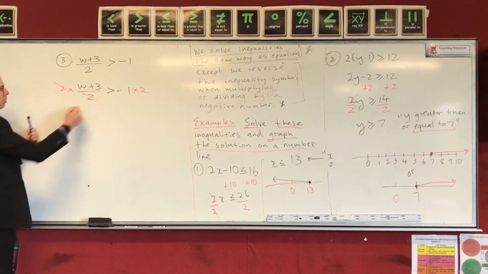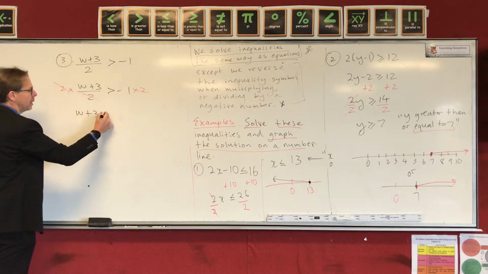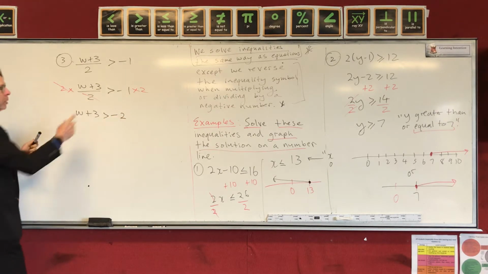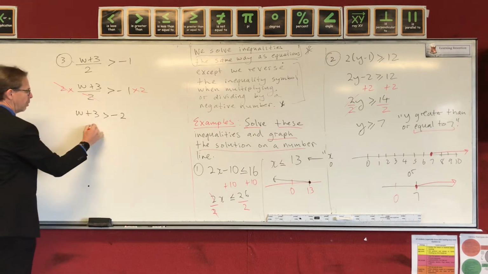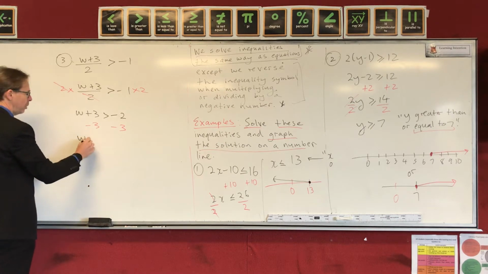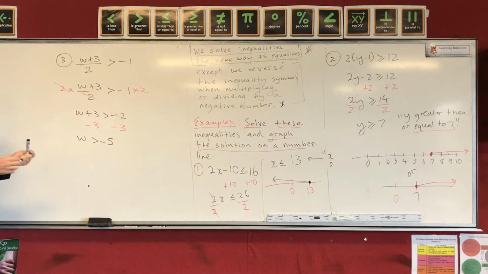Okay, that cancels, and then I'm going to have w plus 3 bigger than minus 2. Okay, minus 1 times 2, minus 3, minus 3. That gives me w is bigger than minus 5. Okay, so that's my answer.